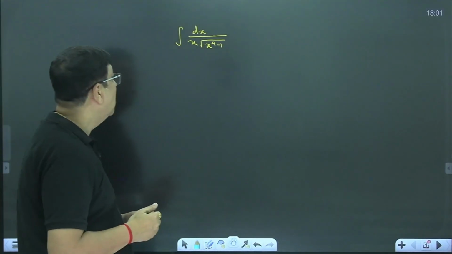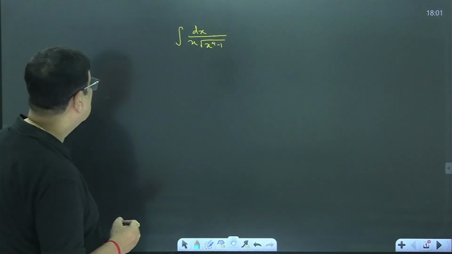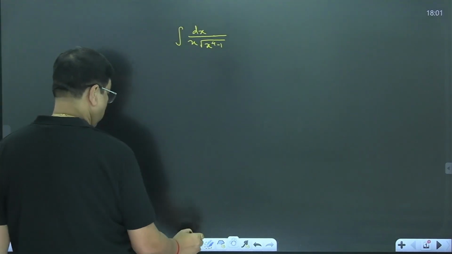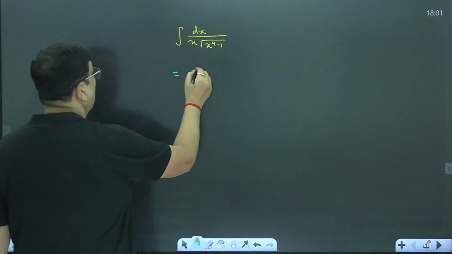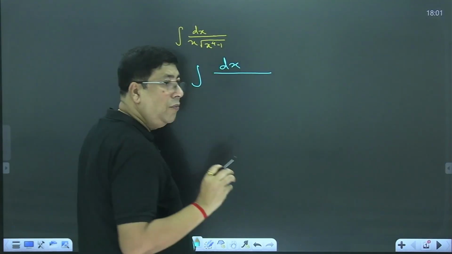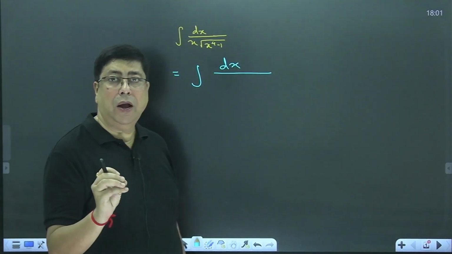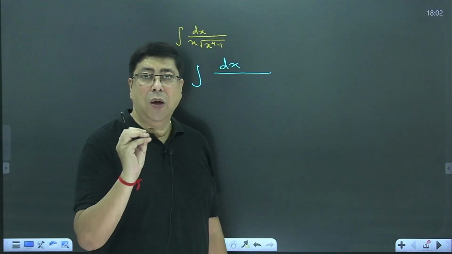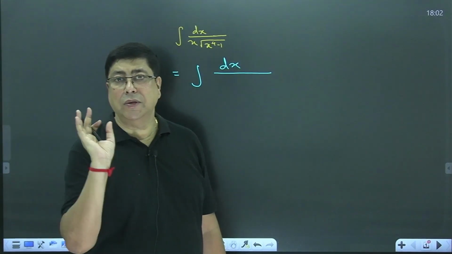Okay, so what to do for this? In this type of case, the target of the indefinite integral is that we have to take something as t whose derivative is present in the sum.